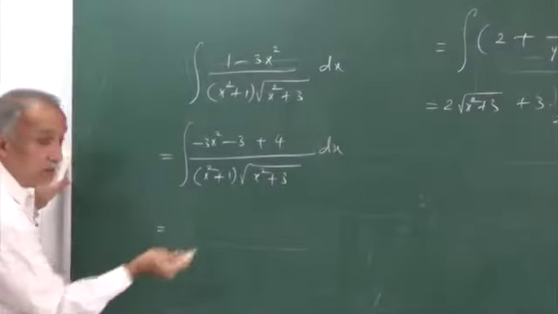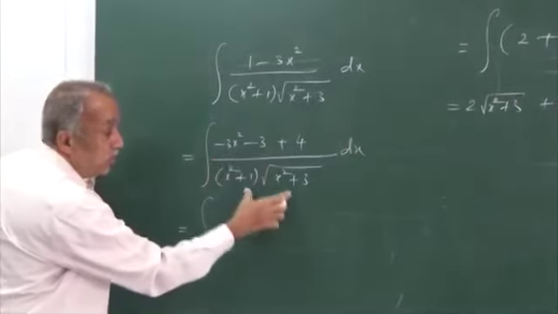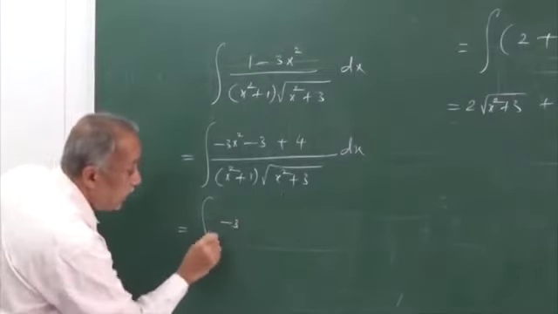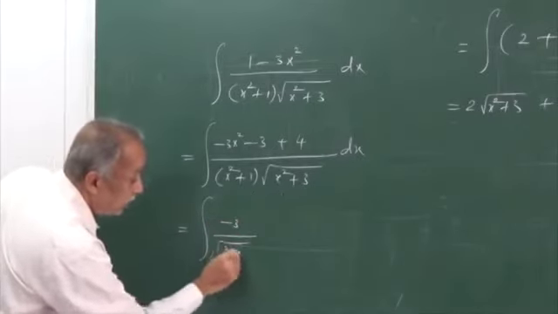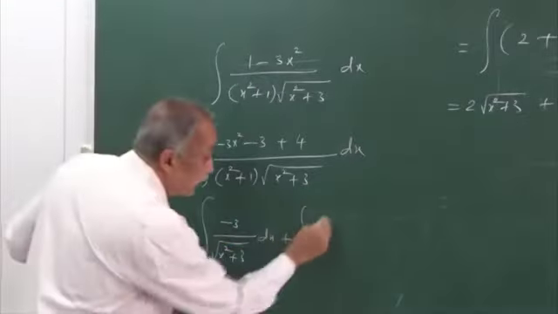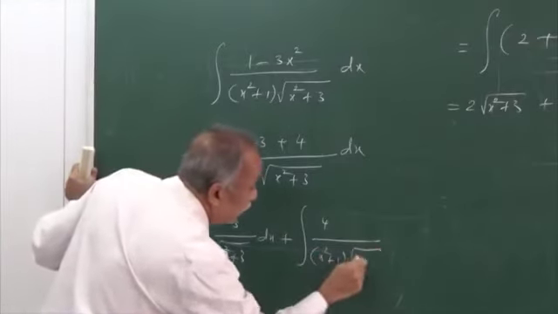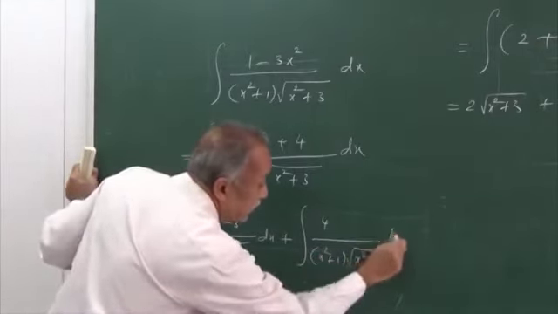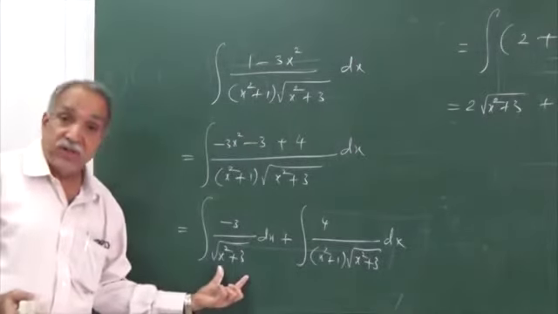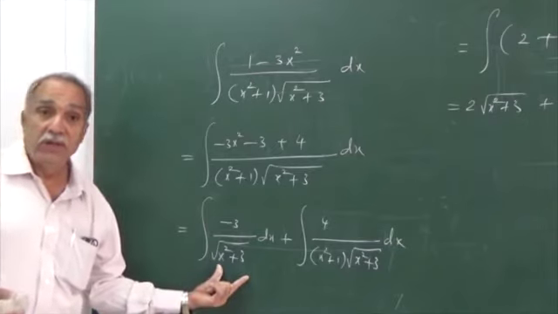Break the integrand: this portion divided by this denominator will be −3 by the root of x² + 3. The other part is 4 divided by (x² + 1) into the root of x² + 3, dx. This integration is straightforward, a direct use of a formula.